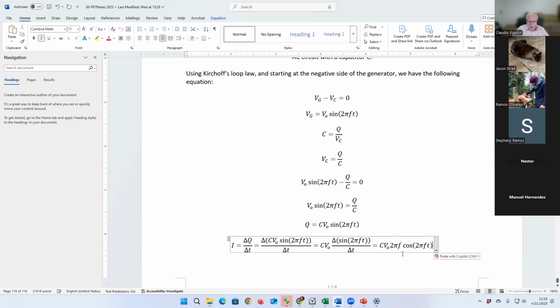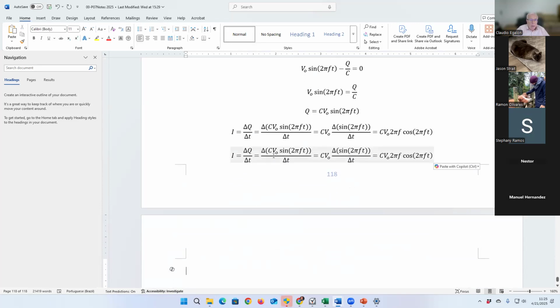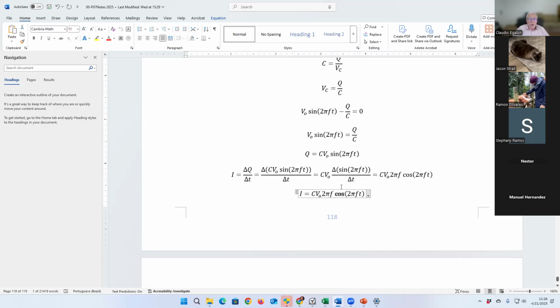You don't have to take calculus to understand that, but you have to memorize this result that you see right here. And now take a look at what's happening here. The current is no longer proportional to a sine. It's proportional to a cosine.